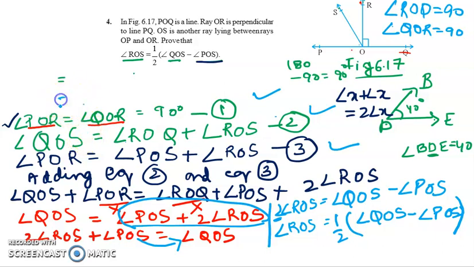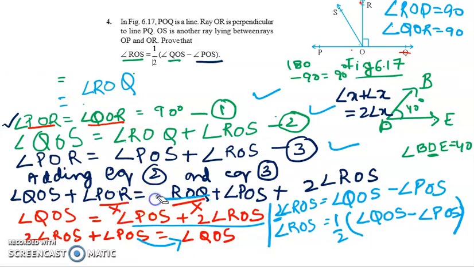Or if you're getting confused, you can write this angle ROQ, it is same. So angle POR is equal to angle ROQ, which is equal to 90 degree. So plus 90 and minus 90 cancel, or this angle and this angle will be cancelled. Are you following?